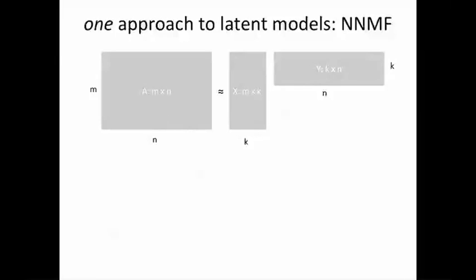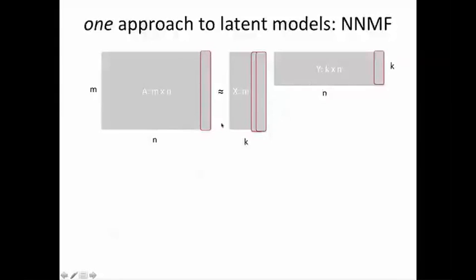Now let's assume that we actually had a factorization of this matrix. That is, this matrix A is approximately x times y. What does this actually mean? Let's take a look at the last column of this matrix A. In matrix multiplication terms, how does this column arise from those of x and y?